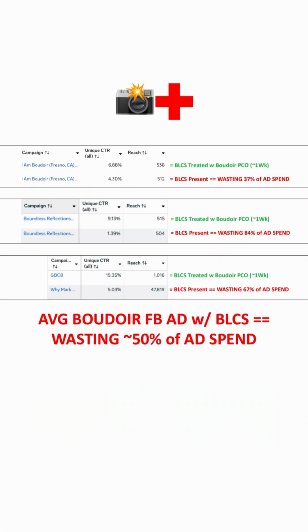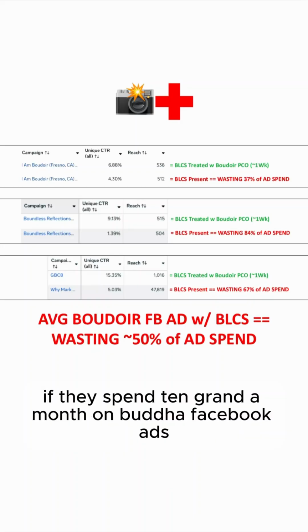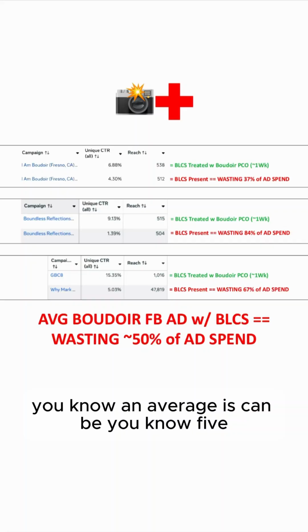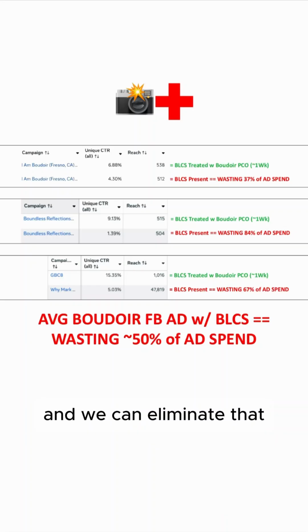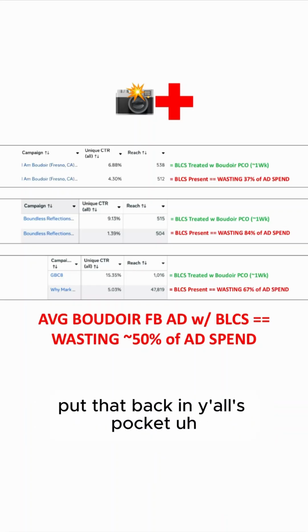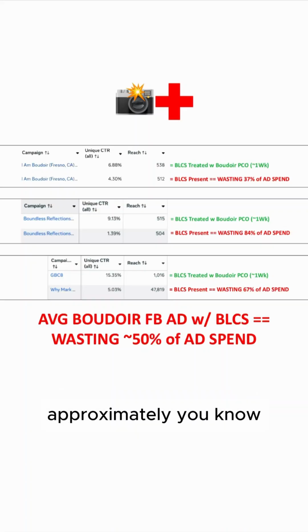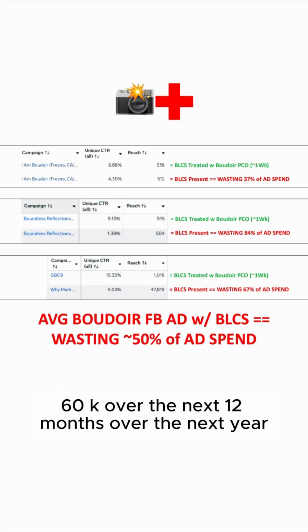So if they're spending 10 grand a month on Boudoir Facebook ads, on average, five out of 10K is being wasted every single month, and we can eliminate that, put that back in y'all's pocket, approximately 60K over the next year.